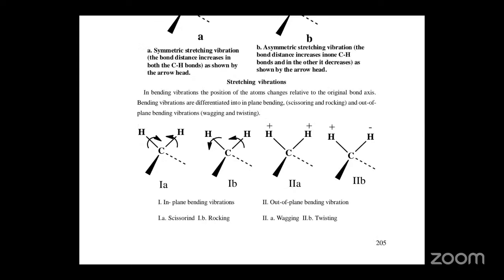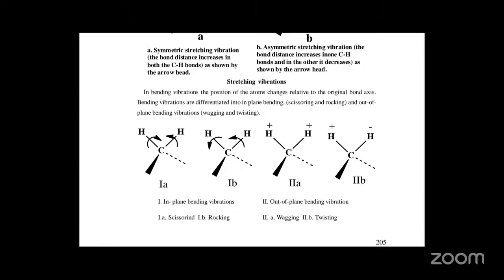Stretching leads to a change in the bond length between A and B. And bending, for example, involves the two atoms A and B, where the bond angle theta changes.